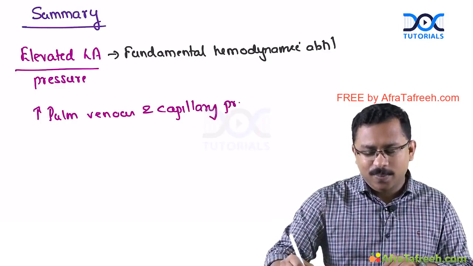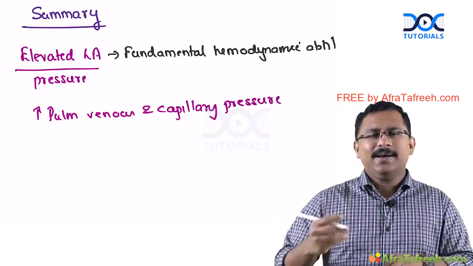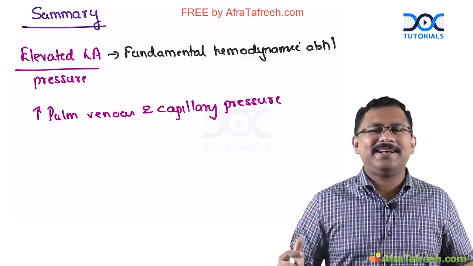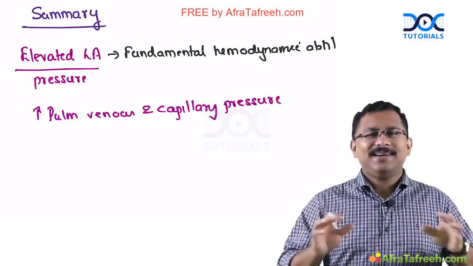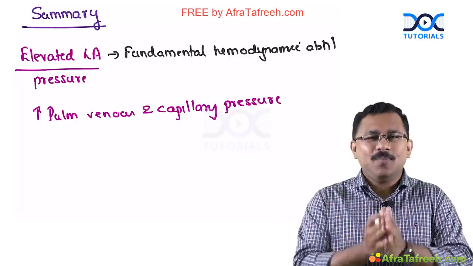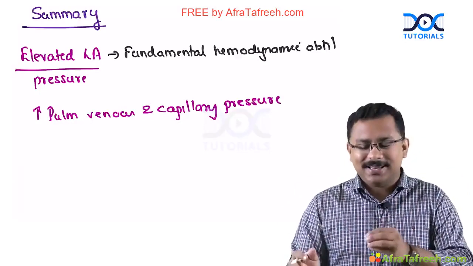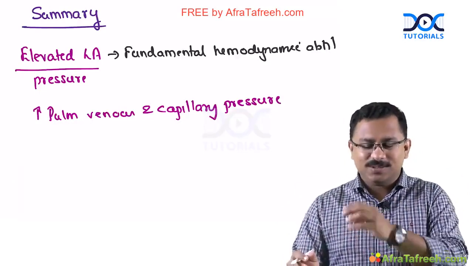This can even lead on to pulmonary arterial hypertension, and subsequently, the patient can experience symptoms like exertional dyspnea. Okay, this is the summary of the hemodynamic changes that occur in case of mitral stenosis.